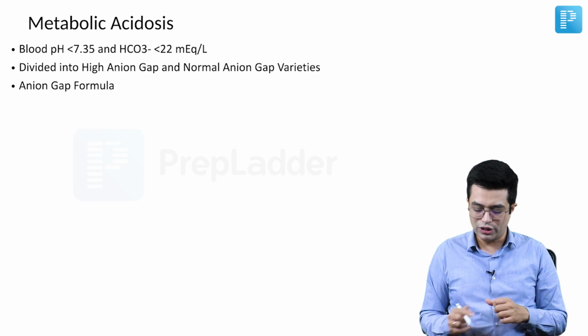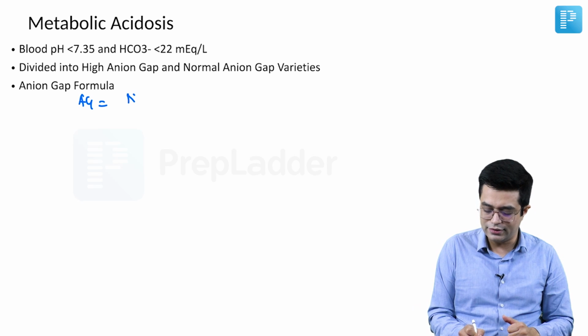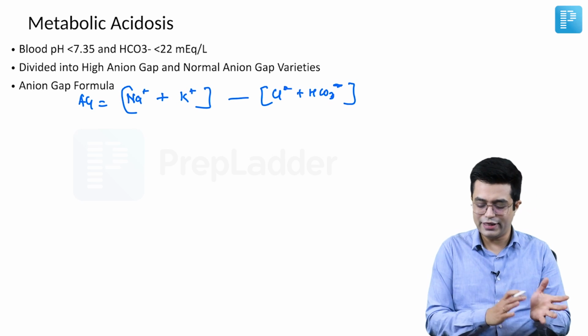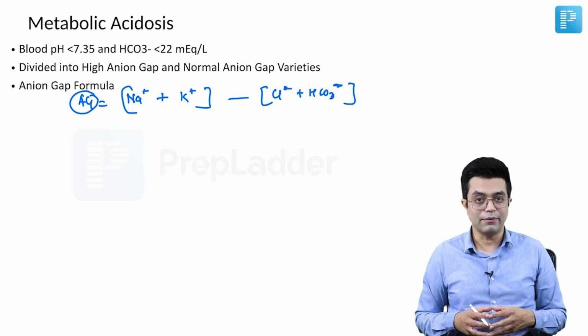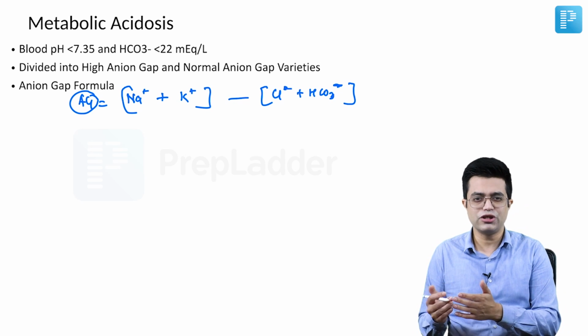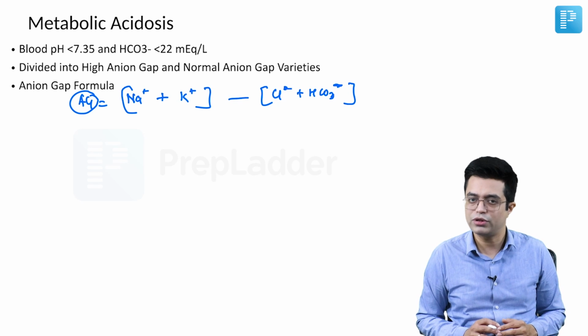Now, the anion gap formula: we first of all add the positive ions, that is sodium plus potassium, and subtract chloride plus bicarbonate concentration from that. So positive ions minus negative ions, that gap which comes is called anion gap. Very often you will find that in certain formulas potassium is being taken into consideration, in other areas potassium is not being taken into consideration.